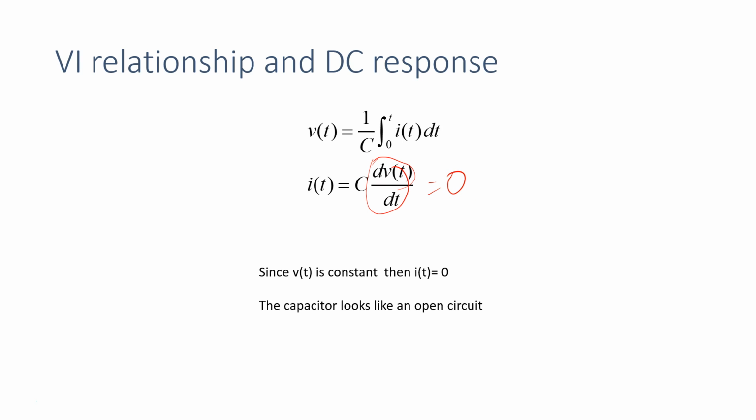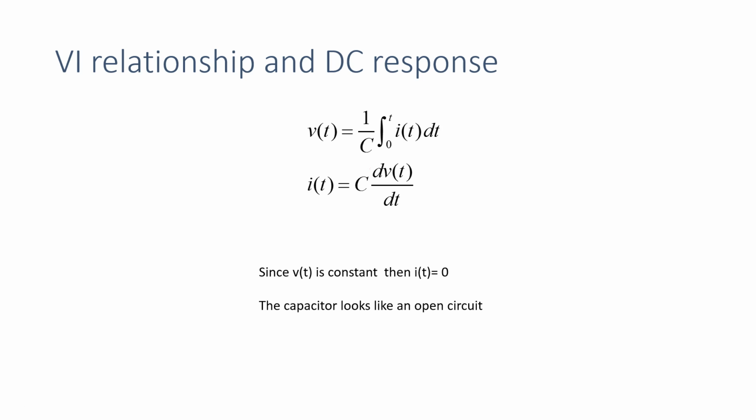Since V is a constant, remember for the DC circuits, they were not functions of time. When we wrote our equations, there was no time in it. And that's because with DC, everything settles down to a constant level. So now the rate of change of voltage in steady state will be 0, which means the current will be 0.